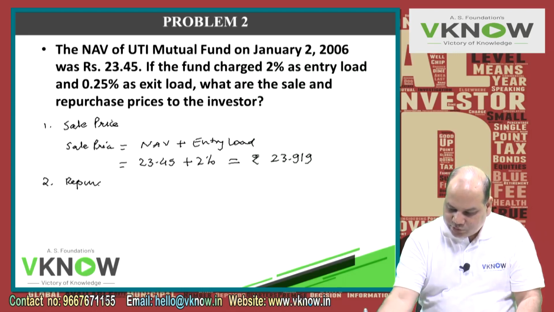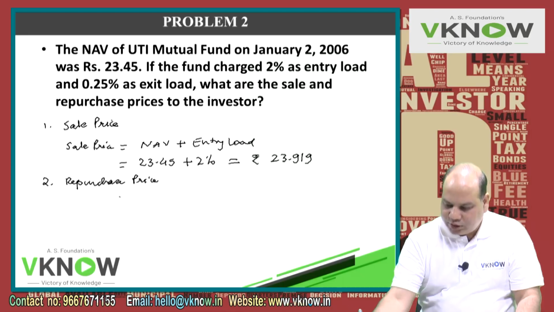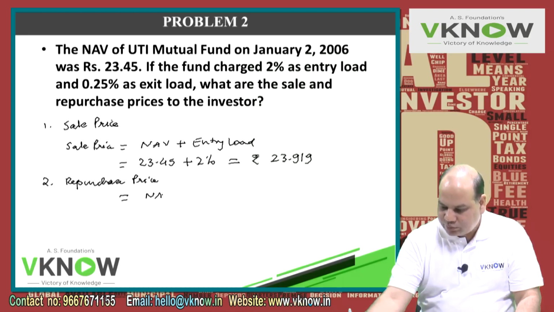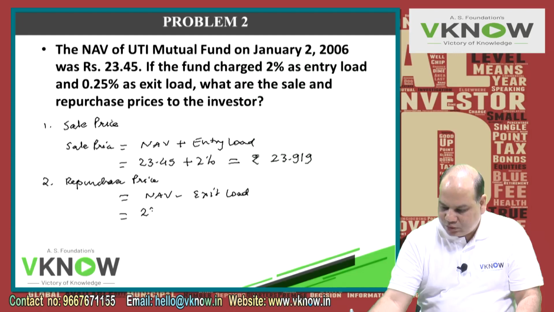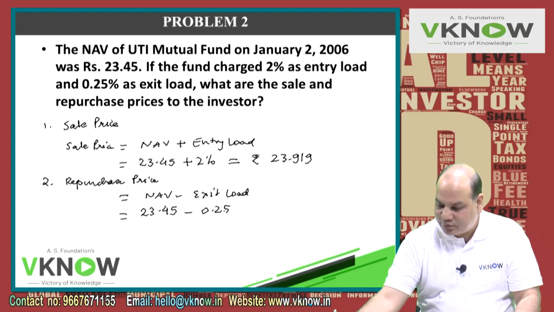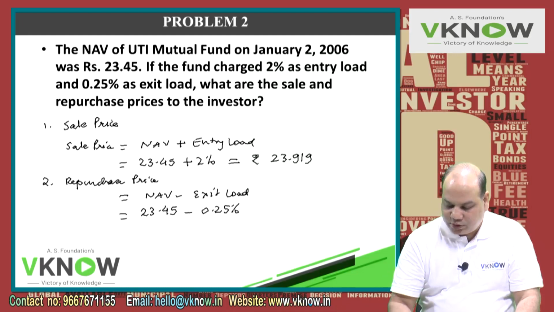Now write down repurchase price. Repurchase price equal to NAV minus exit load. 23.45 minus 0.25% is how much?